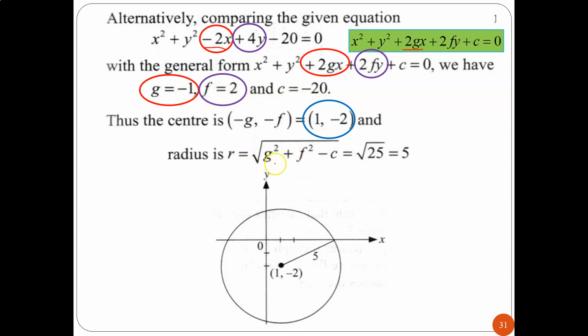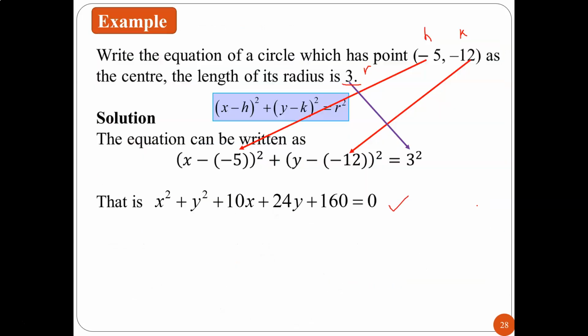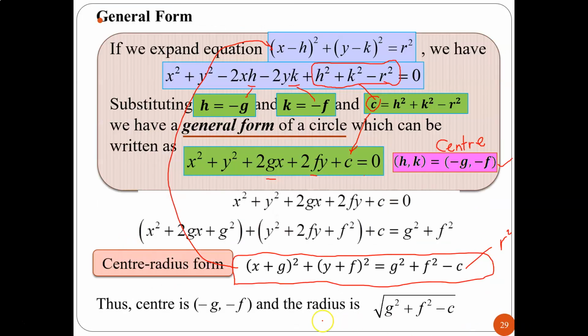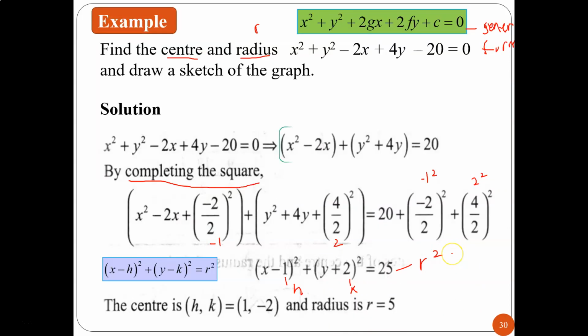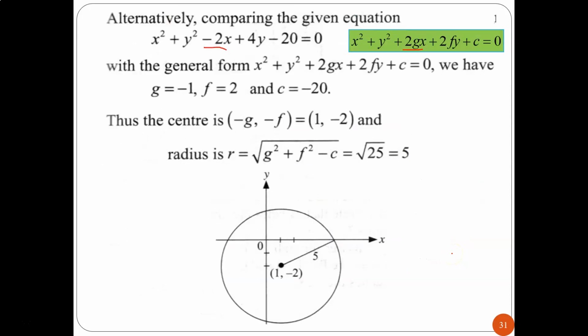And the radius will be, this is the formula for the radius. Ni dapat dari mana ni? Dapat dari sini. The radius is in this one. So please try it again on your own. Check whether you can get the same answer as me.